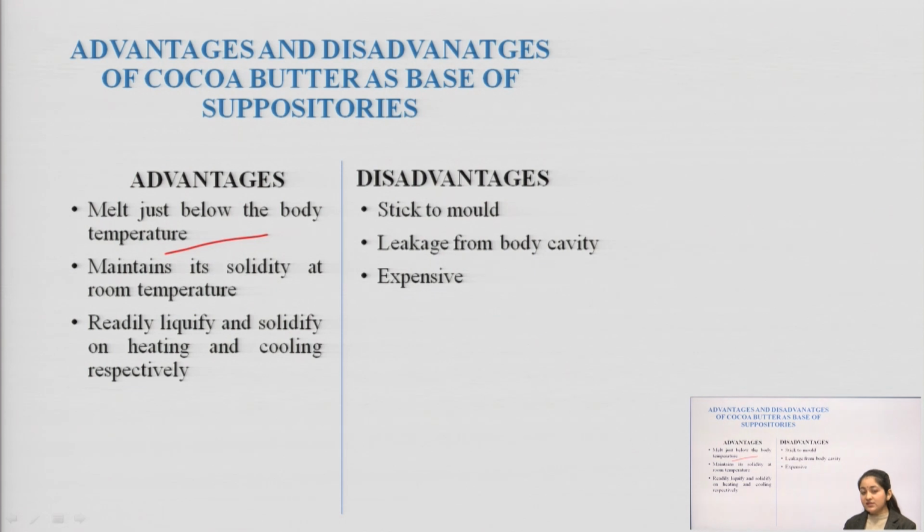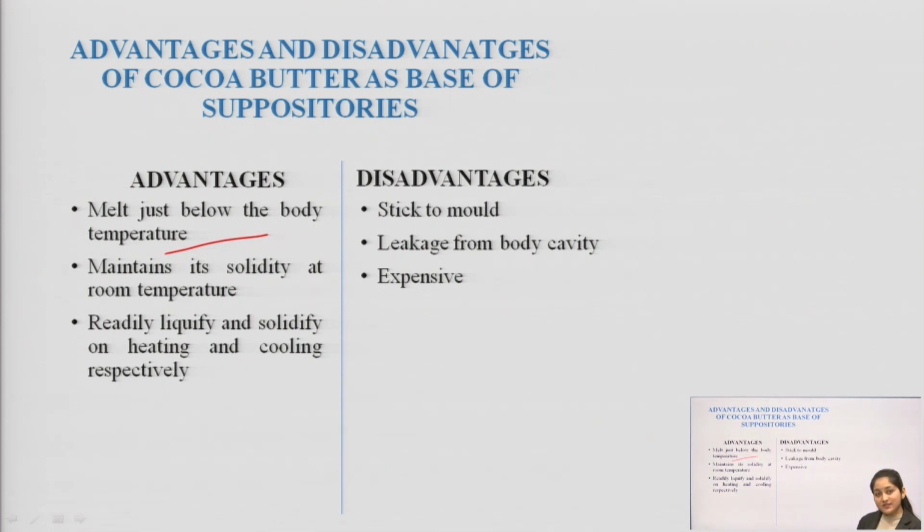If the suppositories melt before insertion into the body cavity, that is an issue. However, if they do not melt during insertion, or if their melting point is higher than the body temperature, the process becomes really difficult. Such a case is not there with cocoa butter, because its melting range is somewhere close to 37.5 degrees Celsius. So, melting is definitely not a hindrance while using cocoa butter.